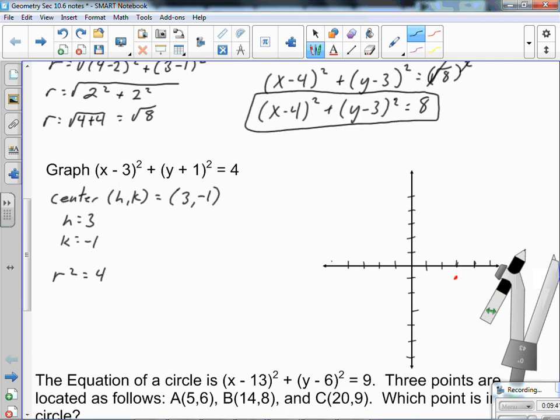So to figure out the radius, take the square root, and our r is going to be 2. So we mark to the left 2, to the right 2, up 2, and down 2.